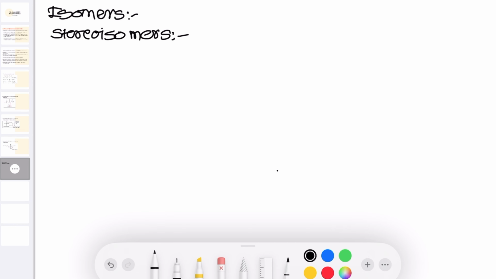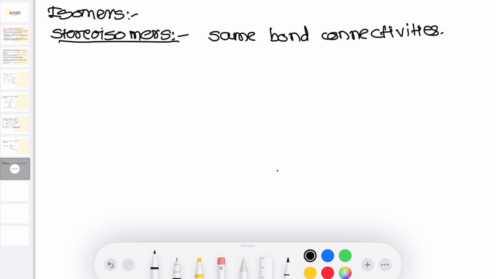Same bond connectivity. That means stereoisomers are compounds in which the bond connectivities are the same, though they appear in a different manner. So for this, a new concept arrives, that is optical isomerism.